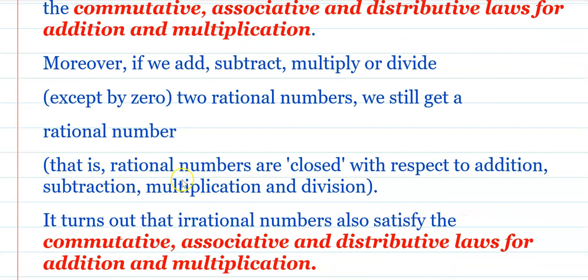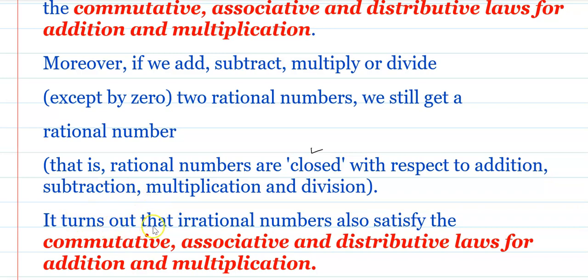That is, rational numbers are closed with respect to addition, subtraction, multiplication and division. Each of these operations on two rational numbers gives again a rational number, and that's why we say they are closed under all these operations.